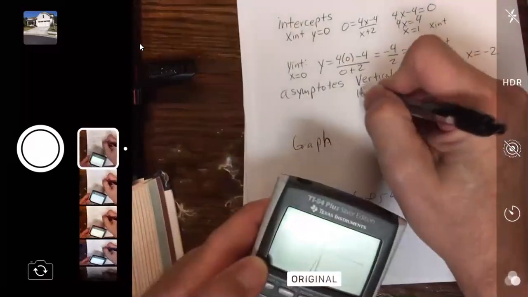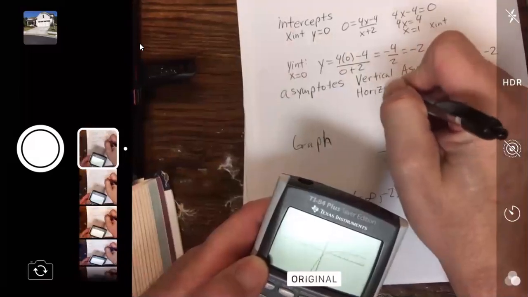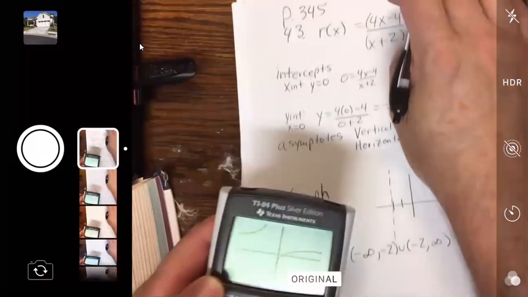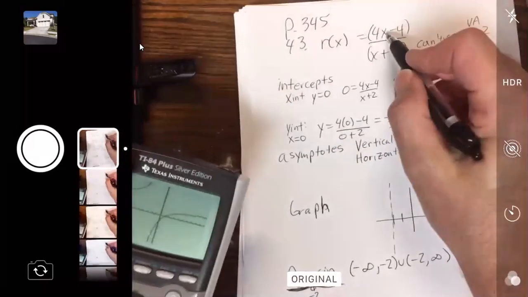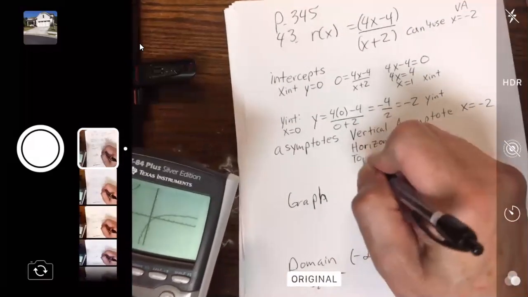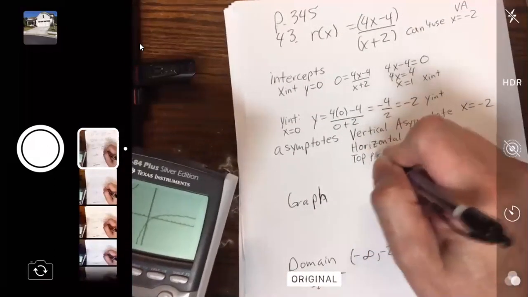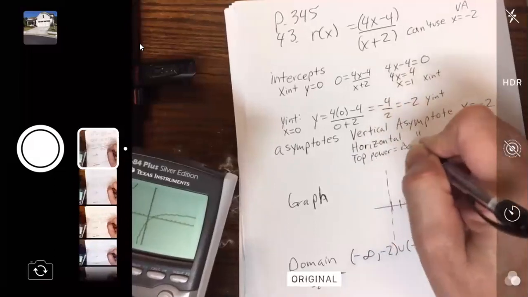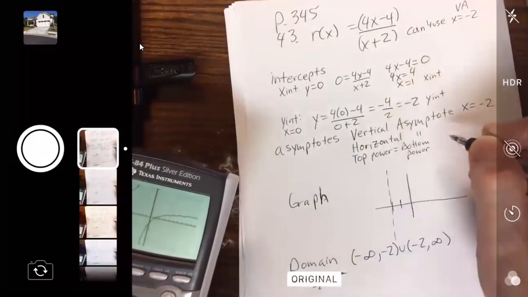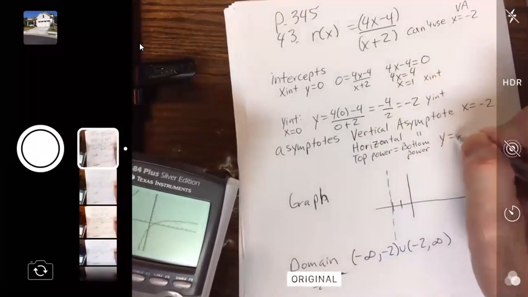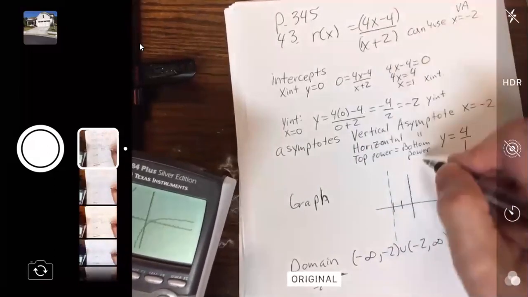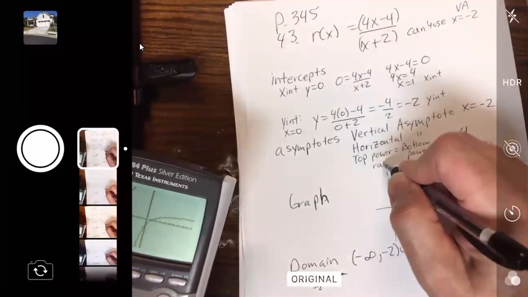Now, here's the other rub. Your horizontal asymptote. All right, well, what case is it? You got to know which case. Remember, there's 3 cases. Well, you got an x there and an x there. Your top power equals your bottom power. If you remember, that means your y is equal to 4 over 1. 4 there, 1 there. Ratio of lead coefficients.